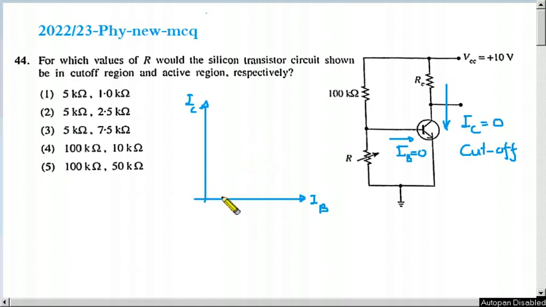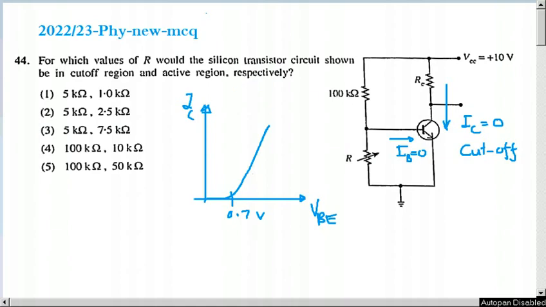So if we take the base emitter voltage in volts, we can also plot the collector current. At 0.7 volt, IC begins to increase from 0.